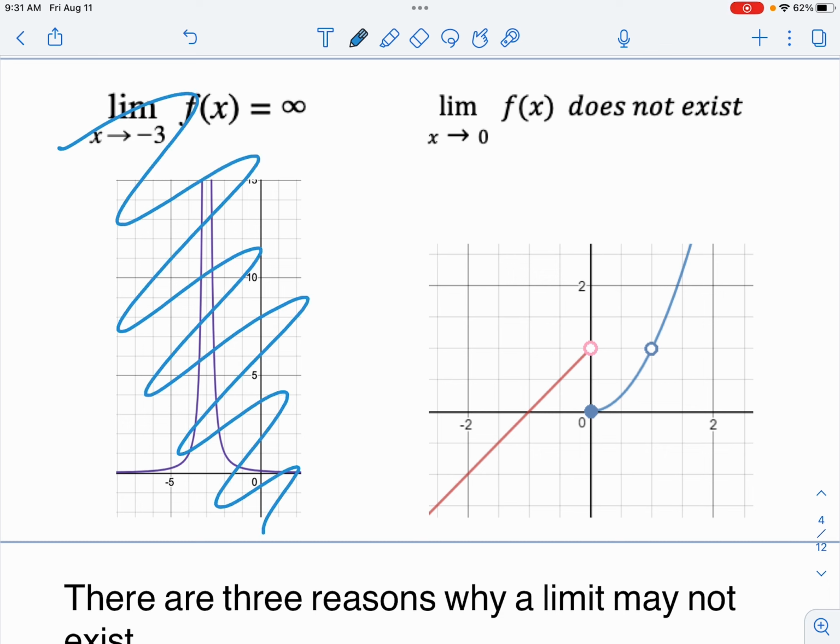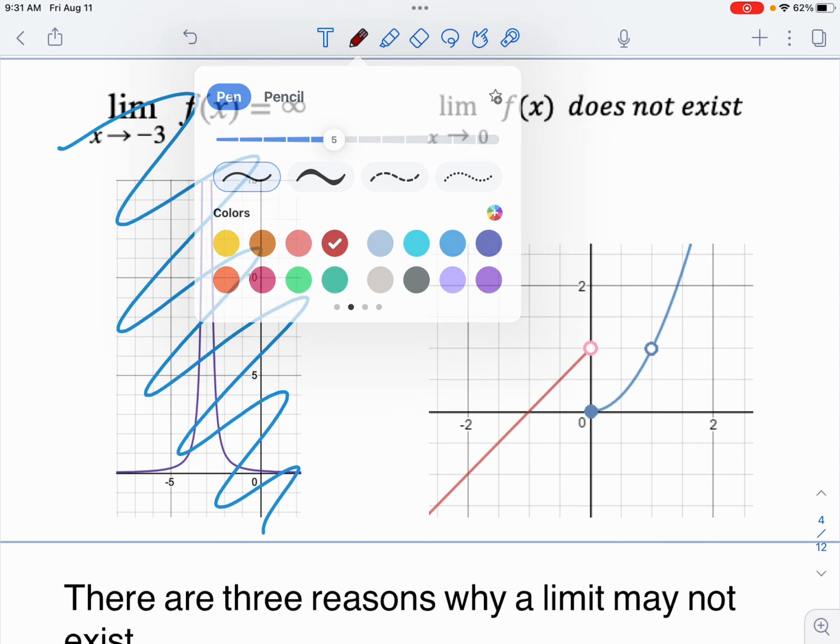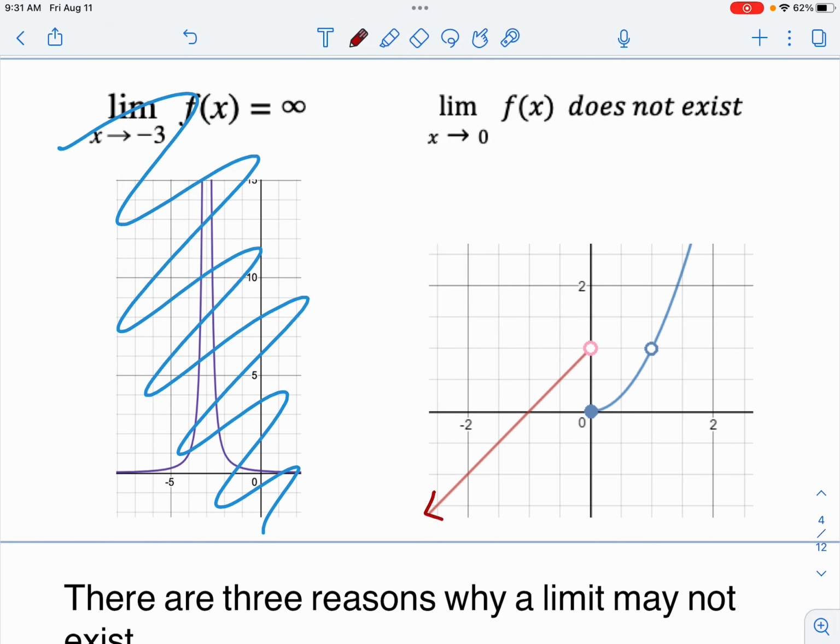And then for this one, this function right here, it says that the limit as x approaches 0 doesn't exist. So as it approaches 0, so this is 0, right? It doesn't exist. So I want you to pause and think, why do we think this limit doesn't exist?